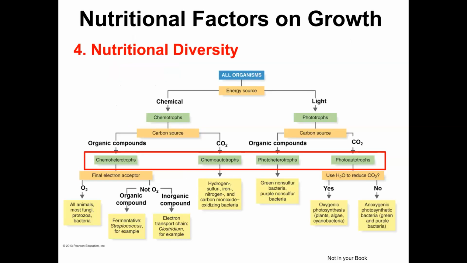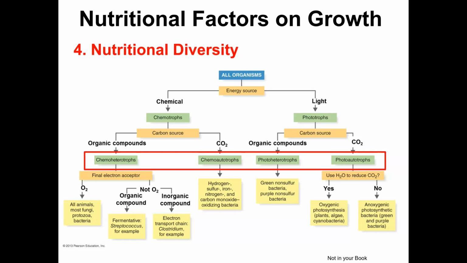All right, so putting this all together, there's going to be two ways I'm going to address this. So looking at nutritional diversity as a whole, all living things fall into one of four categories. So with the dichotomous key approach, okay, all organisms have some energy source. Okay, is that from chemical reactions, so chemotrophs, or is it from sunlight, phototrophs?